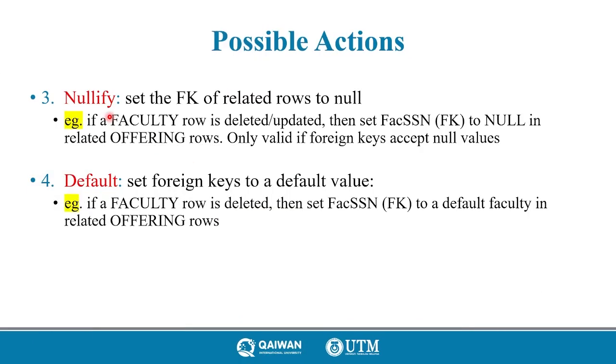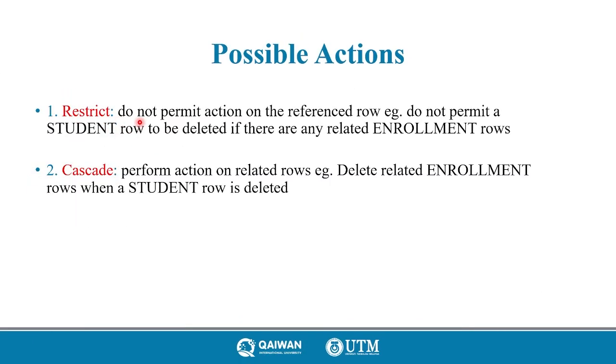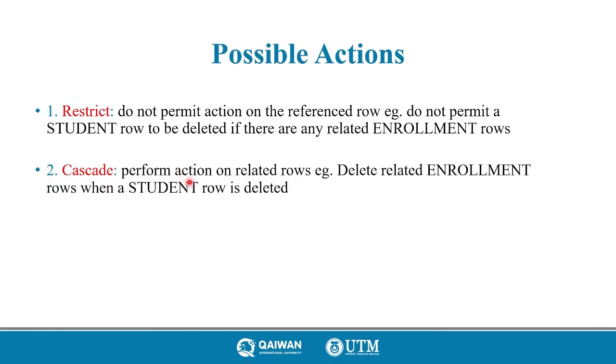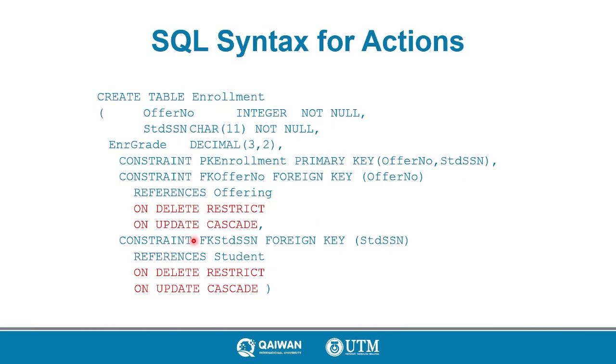It means that when someone wants to delete, restrict it, do not let them delete. And on update cascade. Cascade means perform action on related rows. Now constraint FK STD SSN would be a foreign key, which is the student serial number, and it came from the student table. Again, on delete restrict, on update cascade.